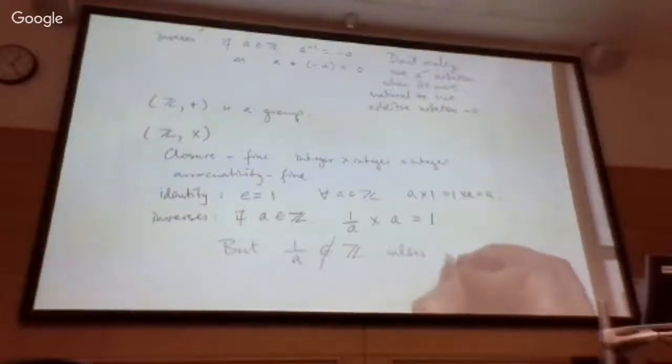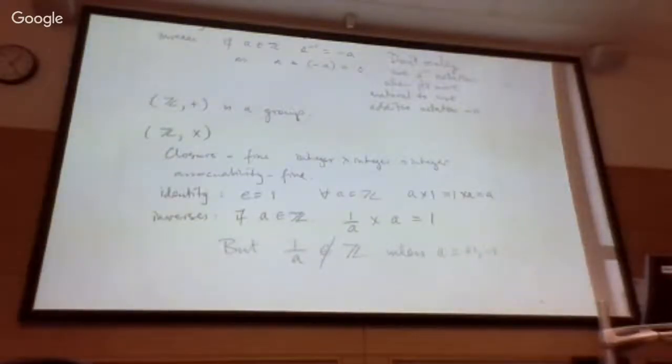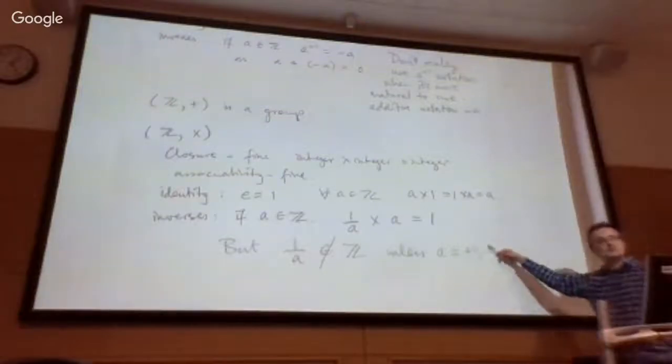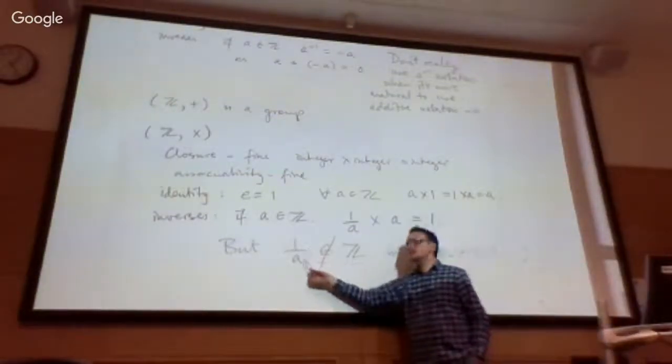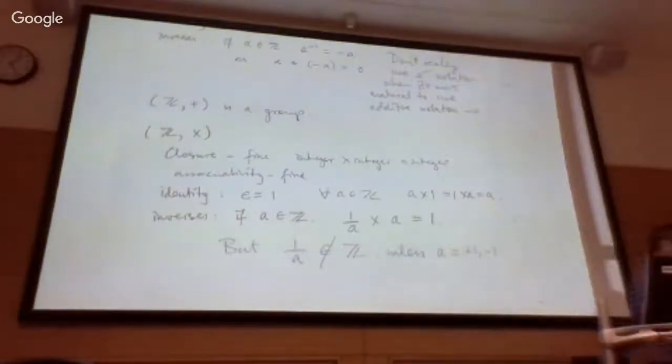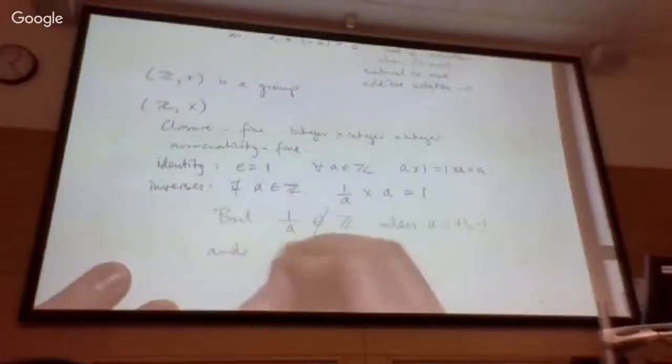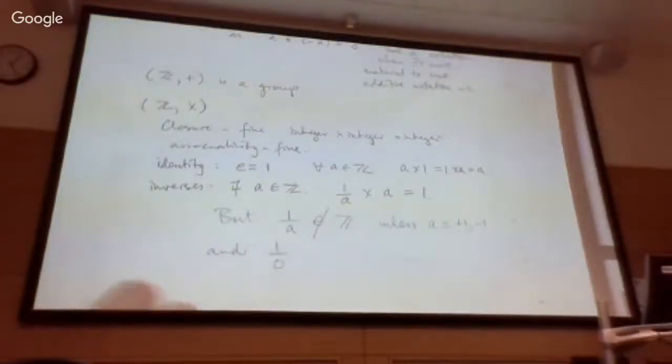There are a couple of special cases for which the reciprocal is an integer. Plus or minus 1. If a was +1 or -1, those integers are slightly special in that their reciprocals are integers. But for every other integer, the reciprocal is not an integer. And even 1/0 just means nothing.